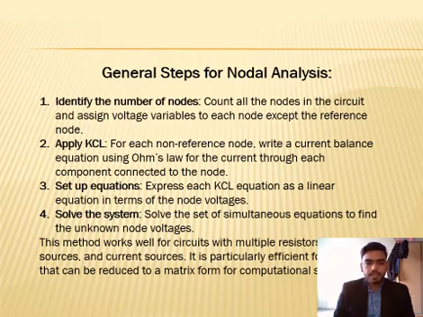Apply KCL: for each non-reference node, write the current balance equation using Ohm's law for the current through each component connected to the node. Set up the equations: express each KCL equation as a linear equation in terms of the node voltages. Solve the system of simultaneous equations to find the unknown voltages.